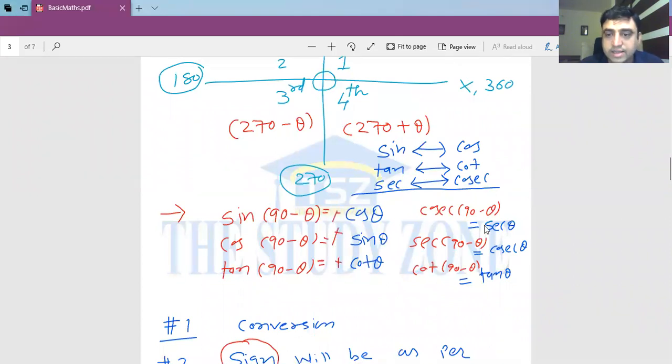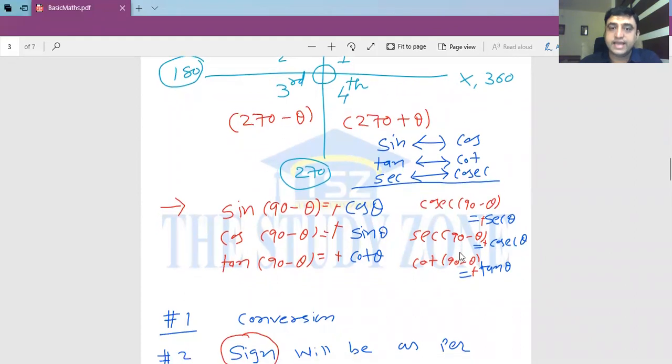These all are plus. So these are the six formulas. I hope it is clear. You have studied this also. Remember, we have to see the quadrant of the left side function.